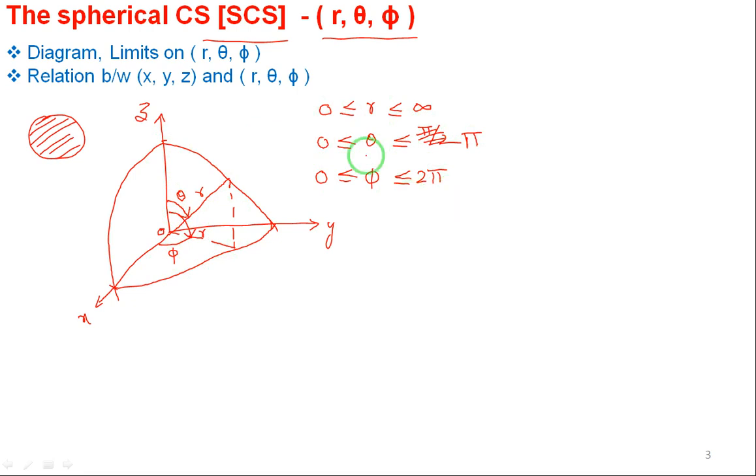So I will redraw the diagram once again so that it is clear for you people. Because diagrams play a very vital role, and our creativity, our right imagination plays a very vital role in understanding these concepts.